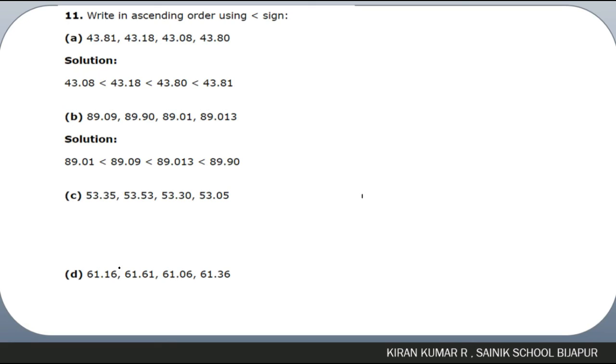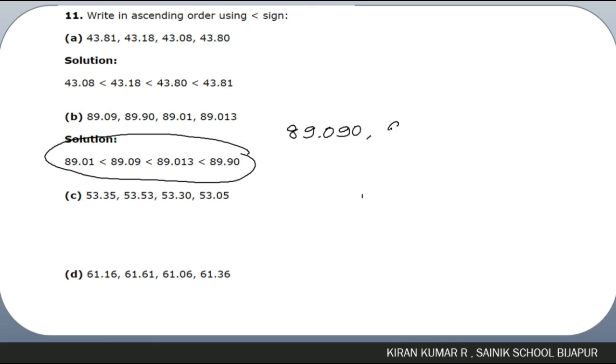Here, can you tell me there is a mistake? The mistake is they are not like terms. We can make them like by adding 0 to the last digit. So 89.900, 89.010, 89.013.